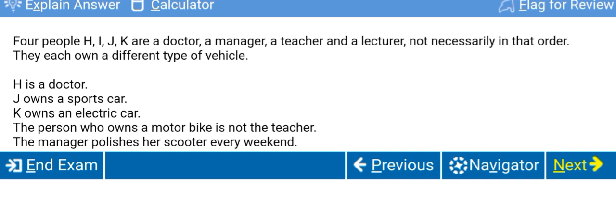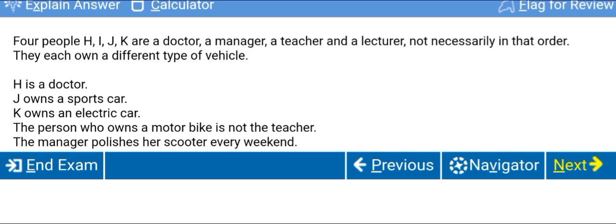4 people H, I, J, K are a doctor, a manager, a teacher, and a lecturer, not necessarily in that order. They each own a different type of vehicle.